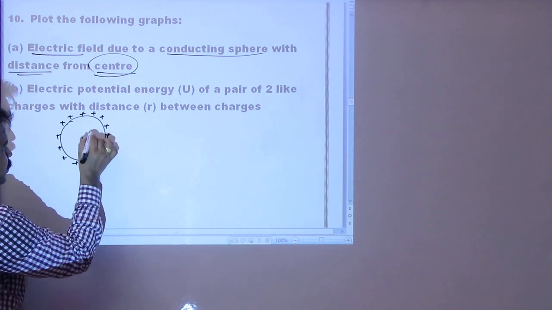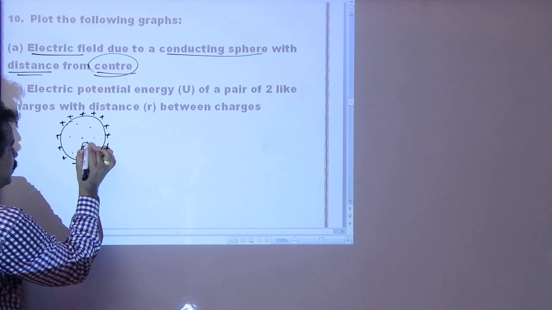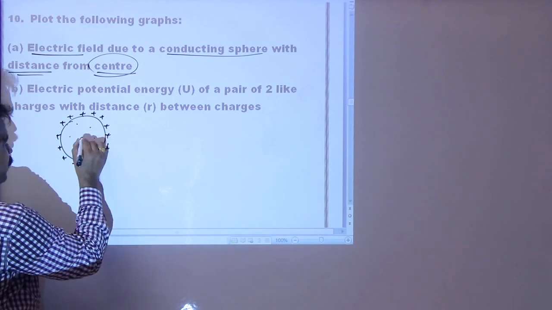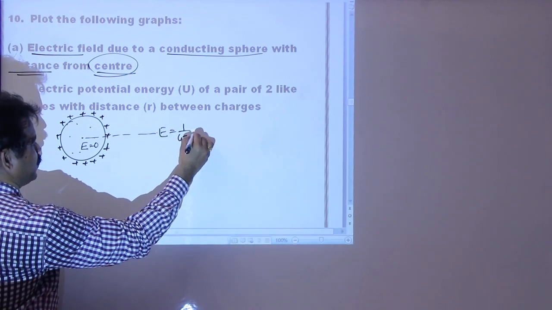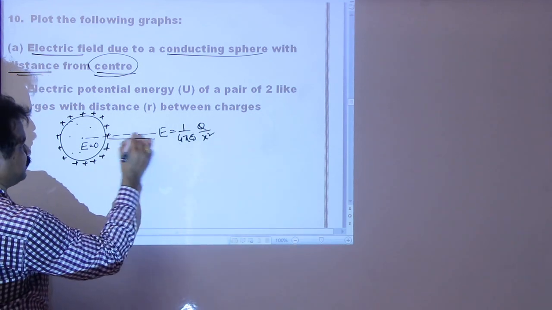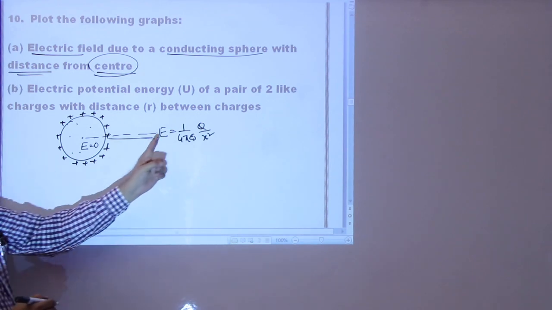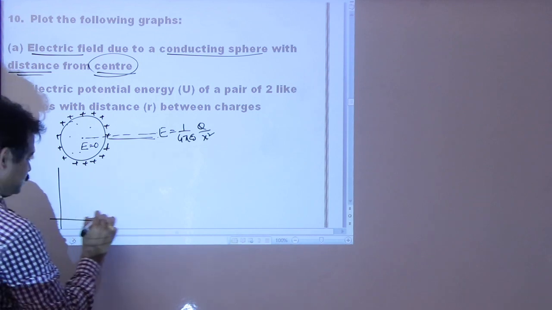We know that within the conducting sphere at any point, the potential is constant, but the electric field is 0 inside a conducting sphere. But if you move away from it, the electric field becomes 1 by 4 pi epsilon naught times q by x square. So outside the sphere, electric field and distance are inversely related. Actually speaking, E is inversely proportional to x square.